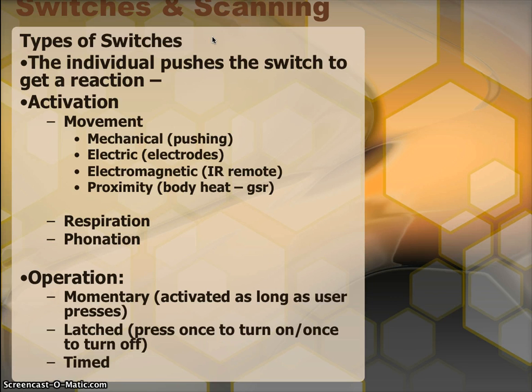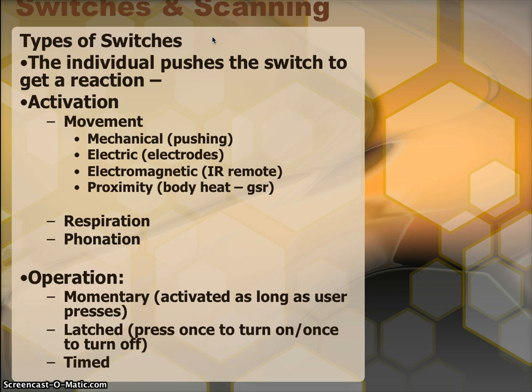We can also activate switches through respiration. So we can have a puff of air through a tube, and then we have a device that measures air pressure, and that activates the switch to start something or stop something. We can also, instead of puffing, suck the tube like a straw, and that will also cause the imbalance of air pressure and stop the switch.